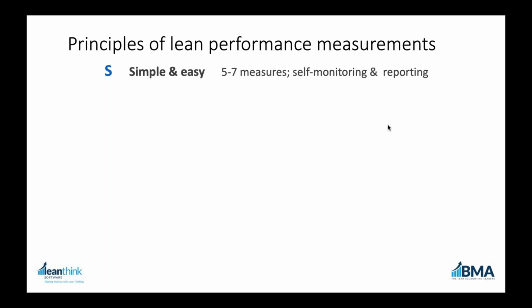So a lot of what we're going to be talking about here today is a rationalization process. You have to stop using a lot of measures which are not relevant to lean. Another aspect of being simple and easy is that these measures are self-monitoring and self-reporting.